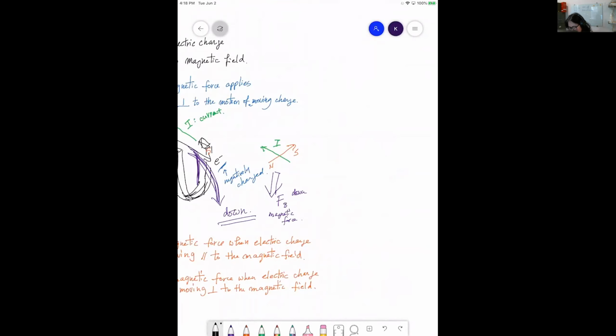You're moving in this direction. This is your direction of motion of a charge. If you have a force always applied perpendicular, then you're not going to have any change in speed.